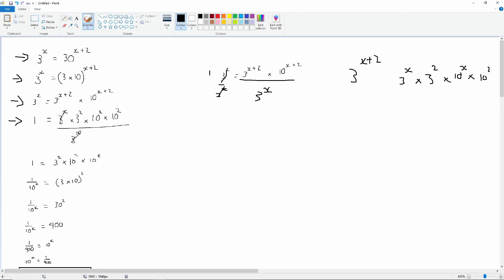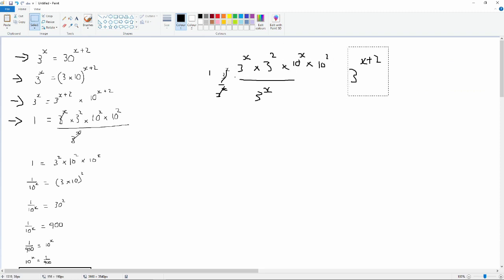And so this has been expanded out, and I'll put that instead of there. And now I can just cancel that 3 to the power x on the denominator with that 3 to the power x on the numerator, because it's all multiplied, and that gives us this next line.